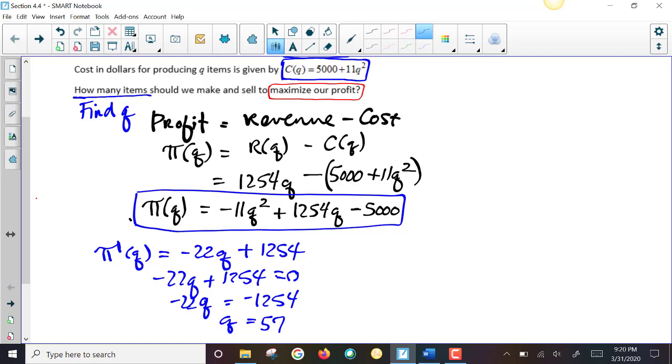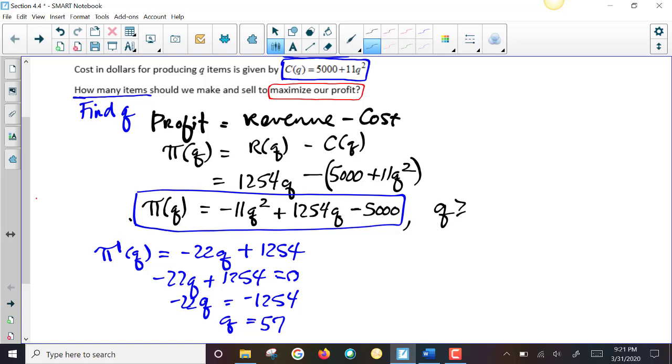Okay, now, one thing we have to think about here is, do we have an interval? Are there any restrictions on Q, which I should have actually gone back up and thought about. Any restrictions on Q? Well, Q can't be negative, so it has to be greater than or equal to 0, but Q, the quantity produced, can get bigger and bigger and bigger, so there is no upper limit.